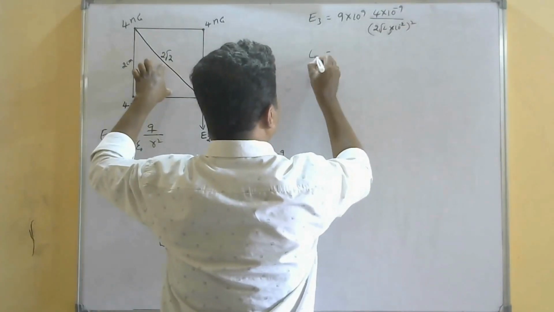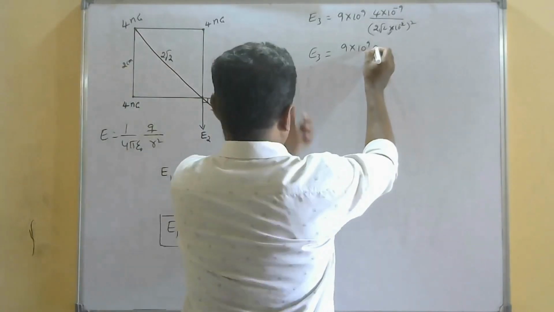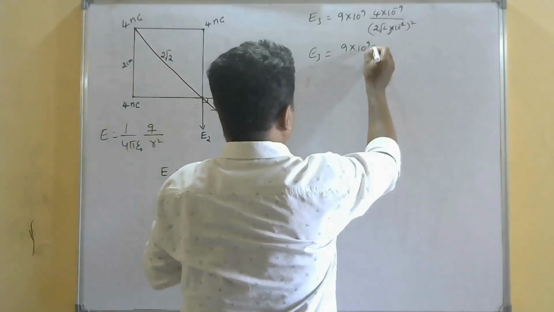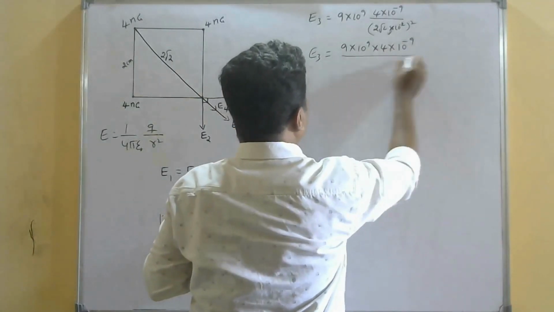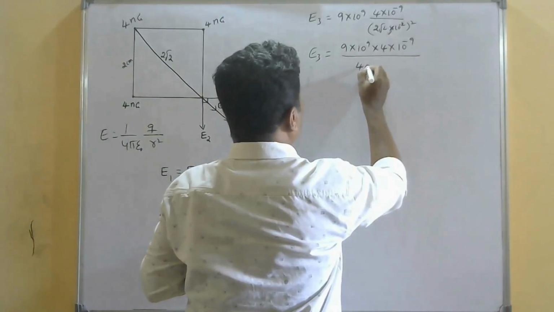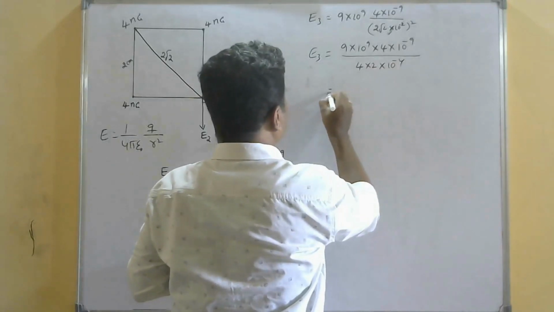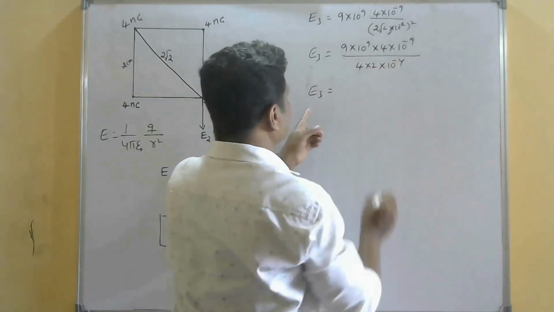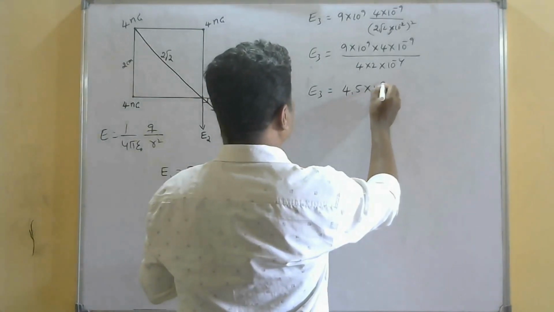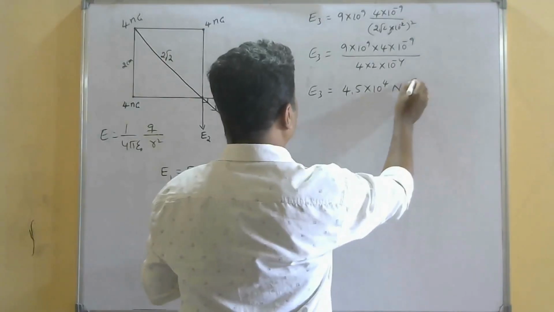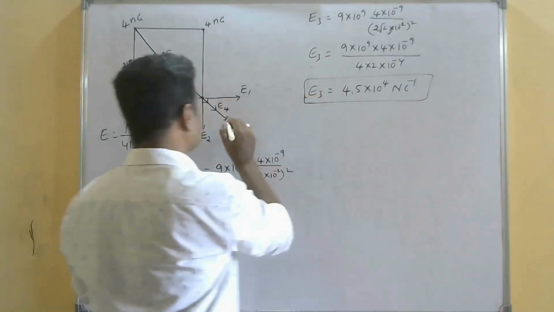So you will come up with 9 into 10 raised to 9 into 4 into 10 raised to minus 9 divided by 8 into 10 raised to minus 4. On simplifying, E3 is equal to 4.5 into 10 raised to 4 Newton per coulomb. This is E3.